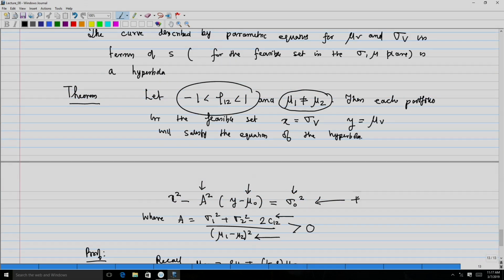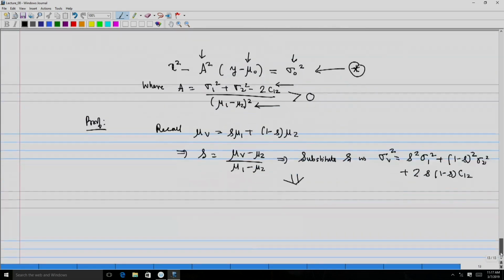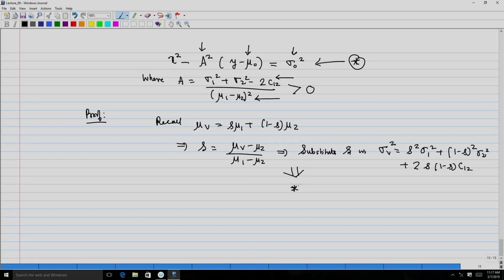Let me call this expression star. So, the expression star can be obtained by eliminating S from the parametric expressions for mu v and sigma v square. Eliminate S and you will end up getting the relation connecting mu v and sigma v.